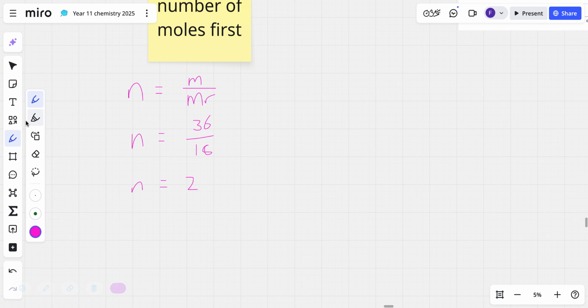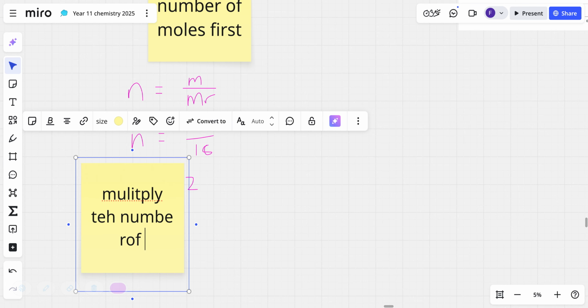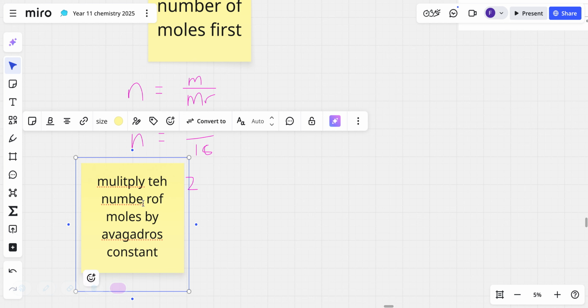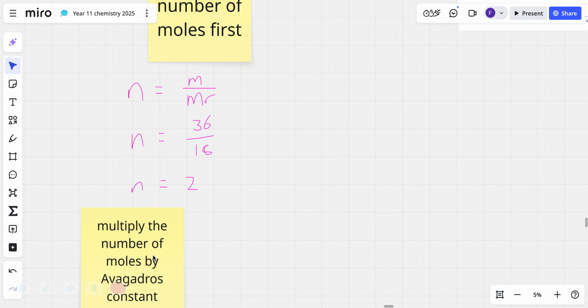Now, if 1 mole contains 6.022 times 10 to the 23, you multiply the number of moles by Avogadro's constant.